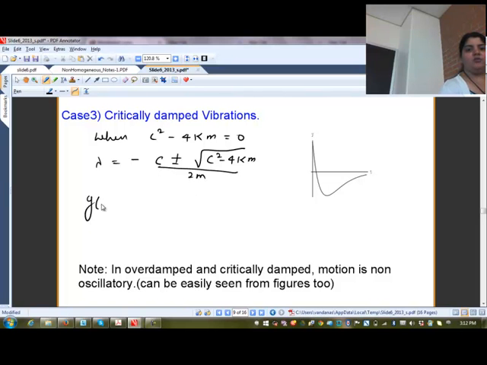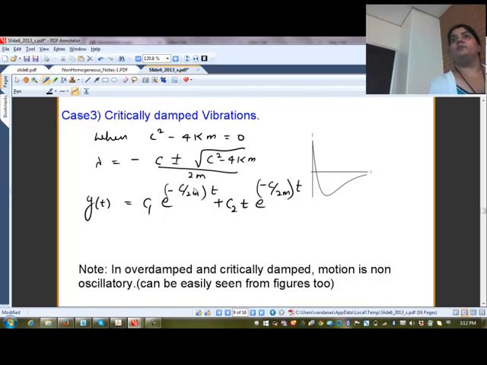So your solution will look like c1 e to the power minus c over 2m times t plus c2 t e to the power minus c over 2m times t. So you can see both are negative exponents, right? So that's the reason it will decrease.